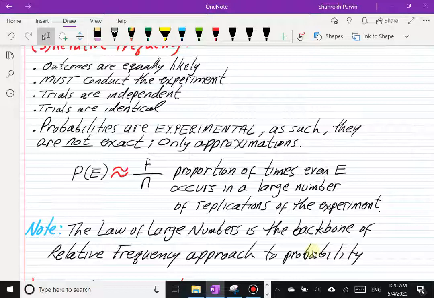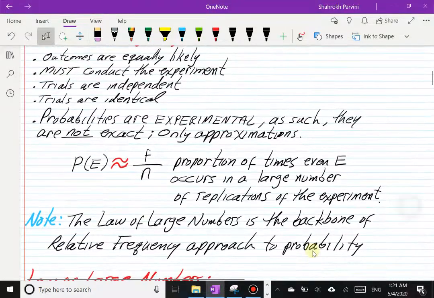The law of large numbers we're going to look at in a moment tells us that if we conduct the experiment a large number of times, you just keep repeating the experiment over and over, then the probability of event E will actually approach the exact probability. Okay, so I have the law of large numbers as the backbone.